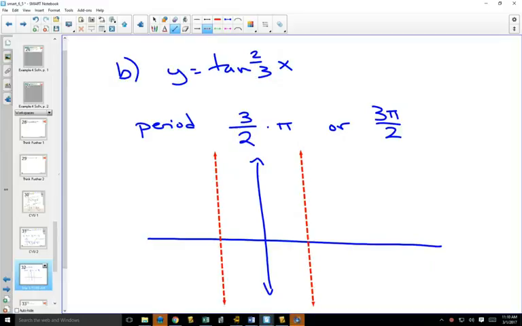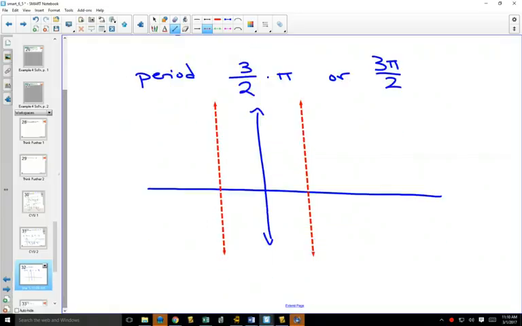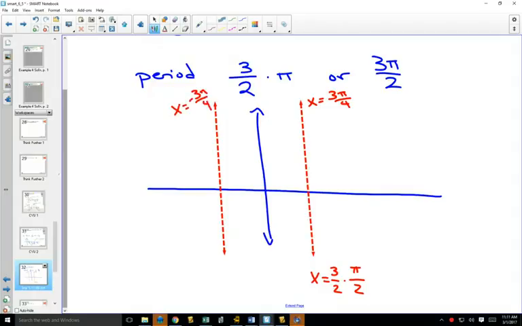Now, those asymptotes were also multiplied by 3 over 2, because this asymptote was at pi over 2. If you multiply that by 3 over 2, that will tell us that this asymptote now is at 3 pi over 4. Similarly, this one will be at negative 3 pi over 4.